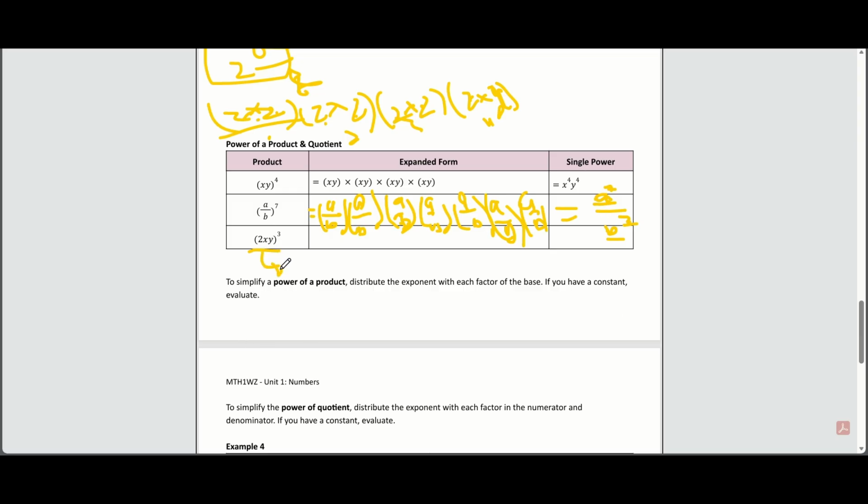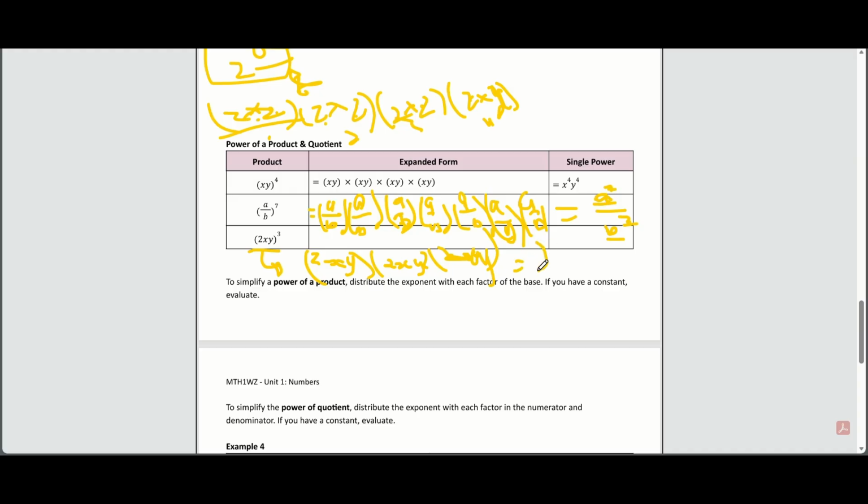Now for this question, it's the same concept, but here what you're going to have to do is 2xy, and another 2xy, and another 2xy. Sorry, my handwriting doesn't really help.